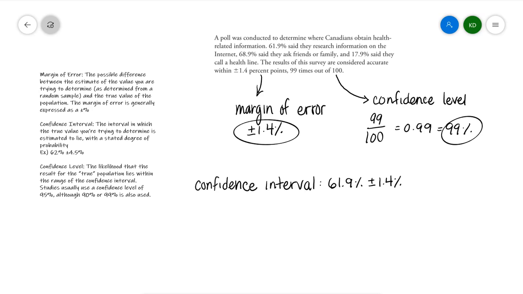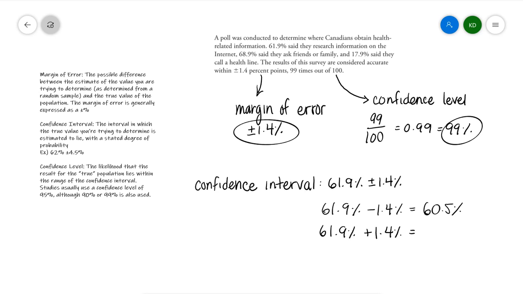We could take this one step farther by finding our lower and upper bounds. So we'll go 61.9 and we'll take away 1.4, and we will get 60.5%. My upper bound will be the same thing, but instead of subtracting, I will be adding 1.4%.